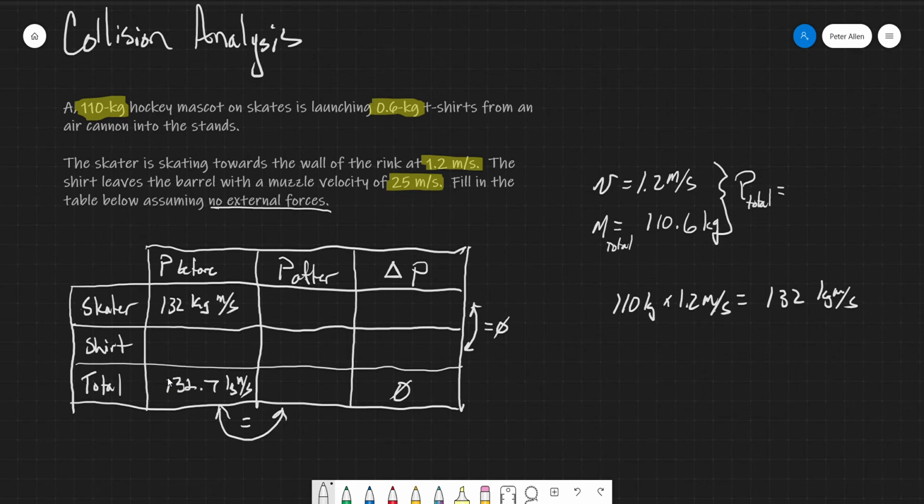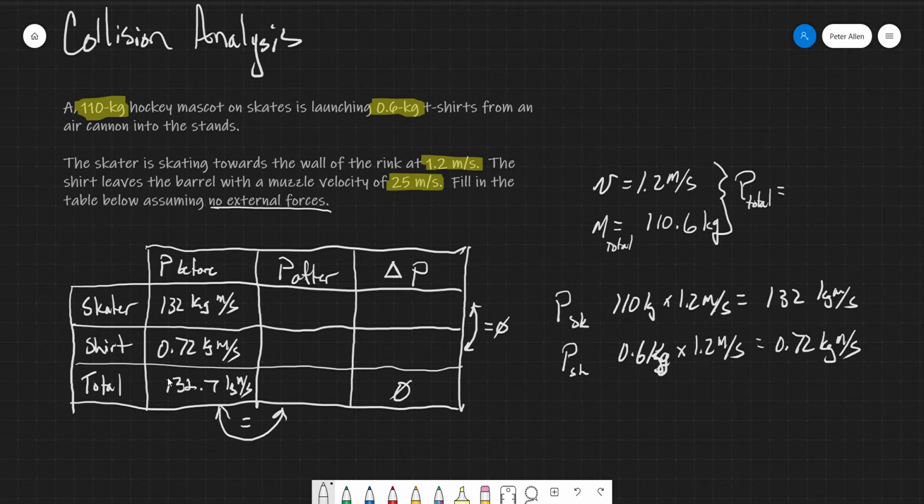And then we also have the 0.6 kilograms times 1.2 meters per second. So this is the momentum of the skater, and this is the momentum of the shirt, and that's going to equal 0.72 kilogram meters per second.